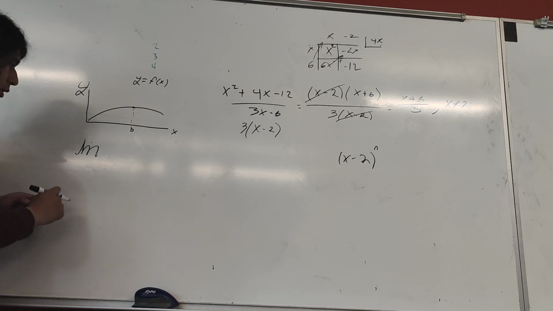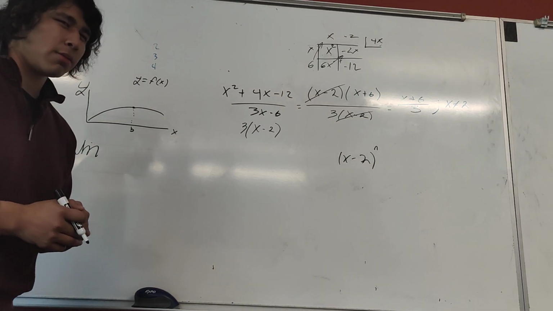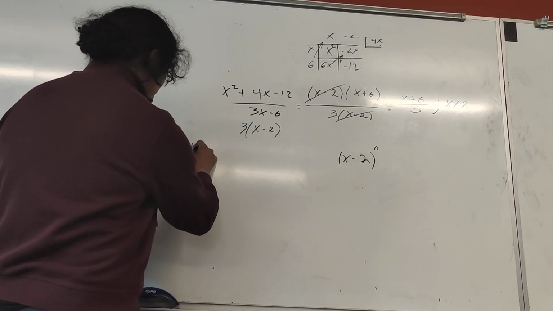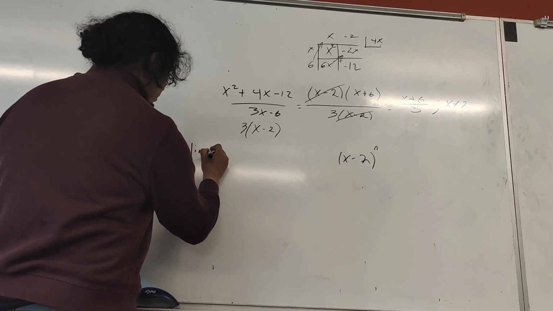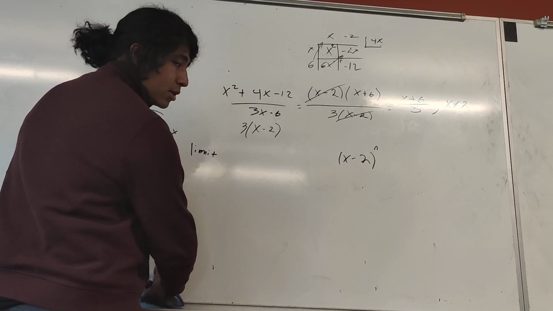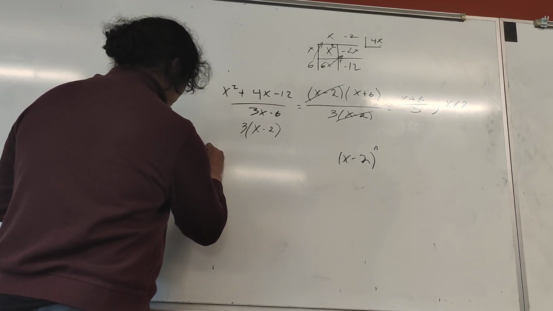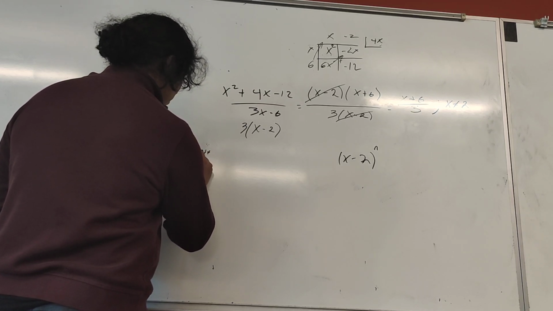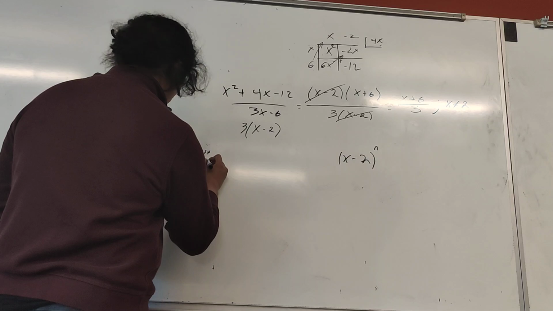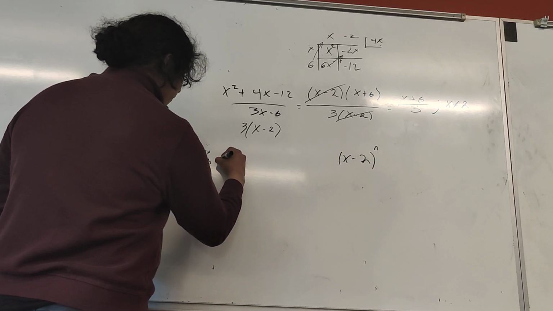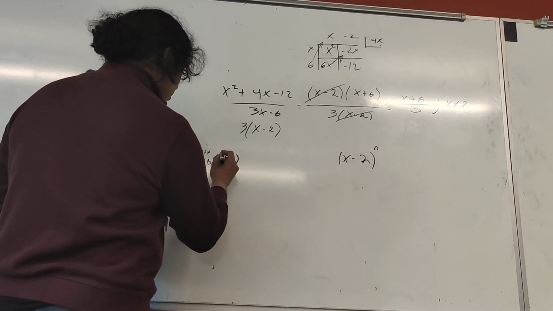So here we're going to talk about the notation. Here we have the limit. In the majority of books, they write the limit, as x approaches b of the function f of x.